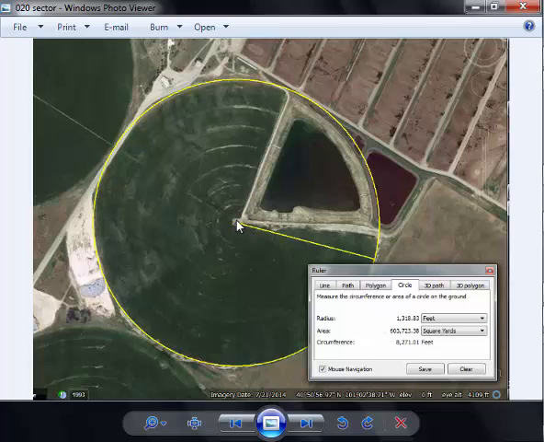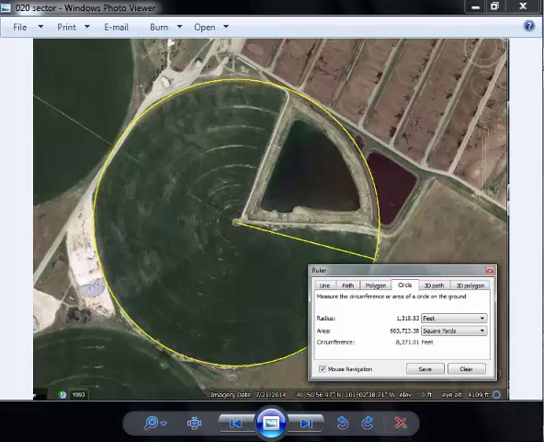You can see that there's a sector here of the circle, a pie-shaped piece of the circle that is cut out. Now we can find out what that pie-shaped piece is. This, by the way, is called the arc of the sector from here to here. We can find what that area is and figure out what the area of the circle is if we know what this angle here is, and the angle appears to be about 70 degrees.